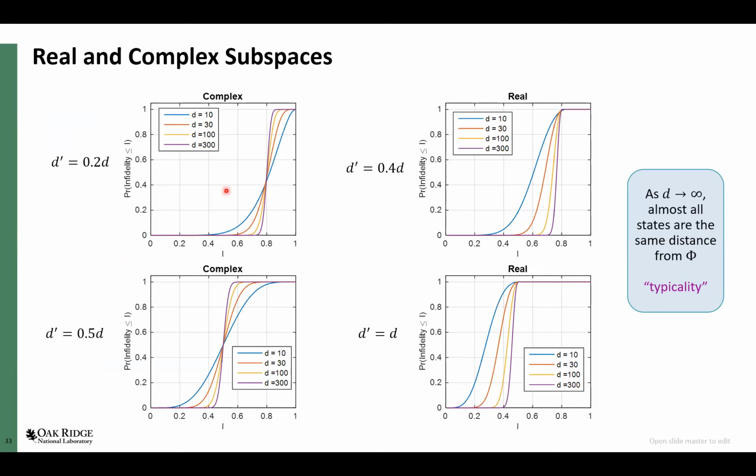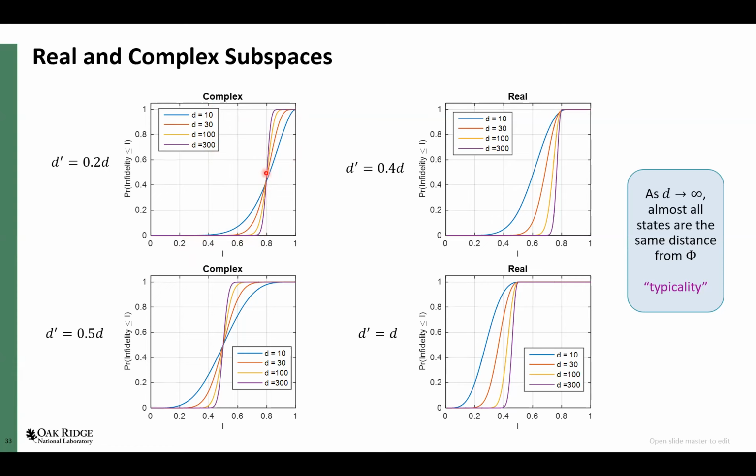And looking at the complex subspace on the left, as the dimension goes from a small value 10 up to a value of 300, we get this sort of characteristic curve where at large dimensions, we find that nearly all the states can be approximated to our particular distance from the subspace.